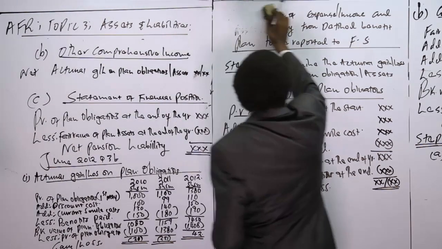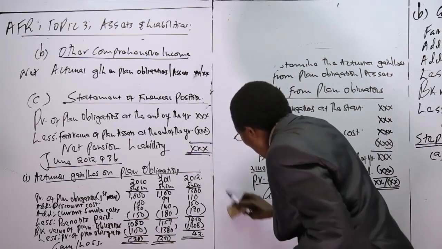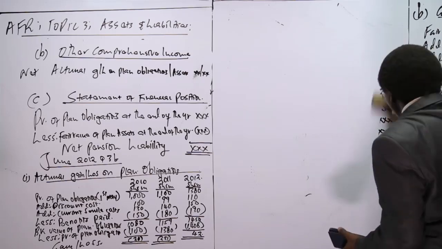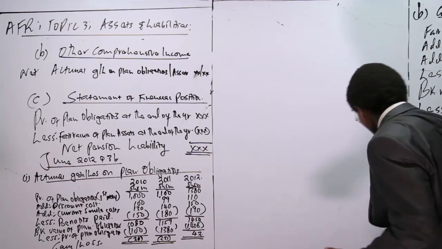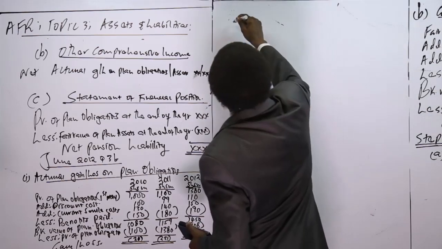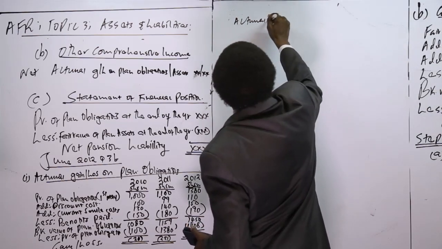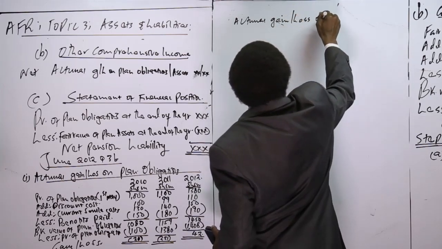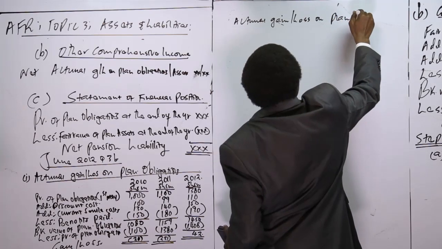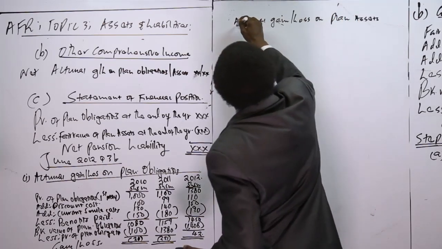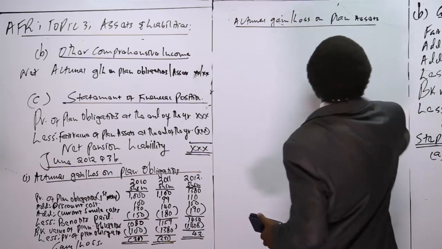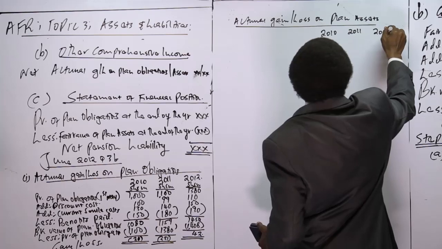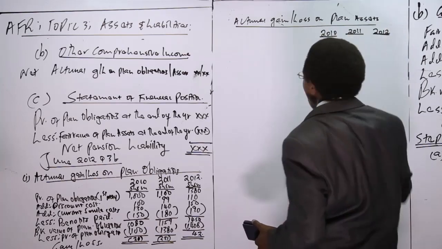That is for obligations. Let's also look at plan assets. How do we get the actuarial gain or loss on plan assets? So we have 2010, 2011, 2012.